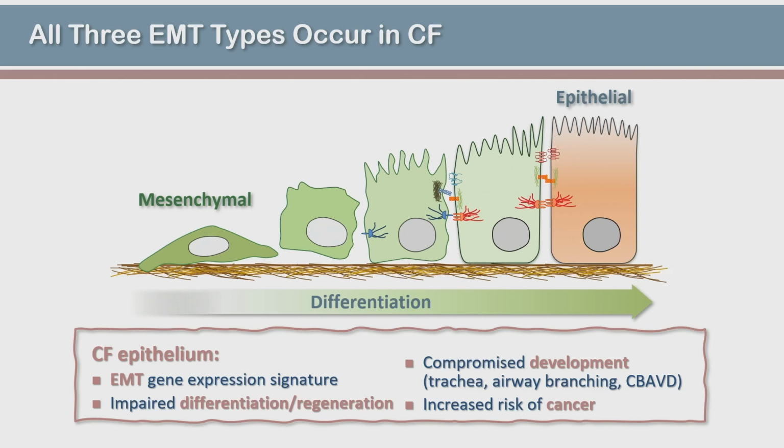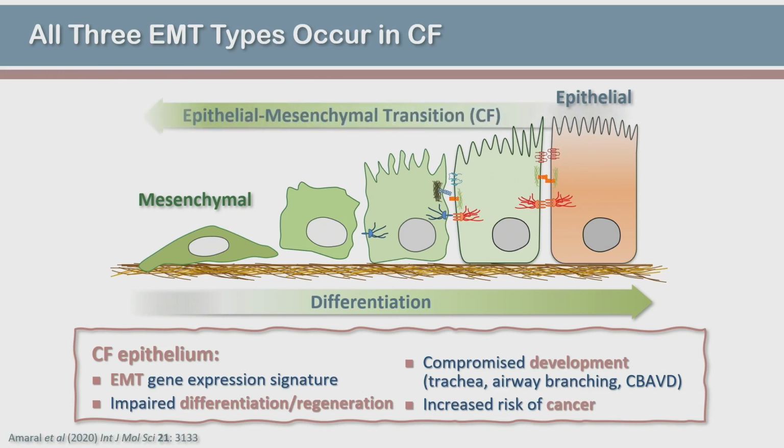Of course, most people with CF are now getting the modulators and living longer, which is amazing and fantastic, but the reverse of this coin is that they do have increased risk of cancer. And in some cancers like colorectal, it's about 5 to 7 times higher than the normal population.